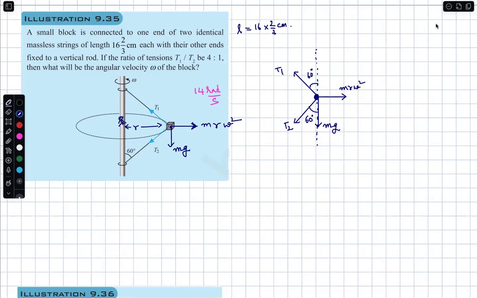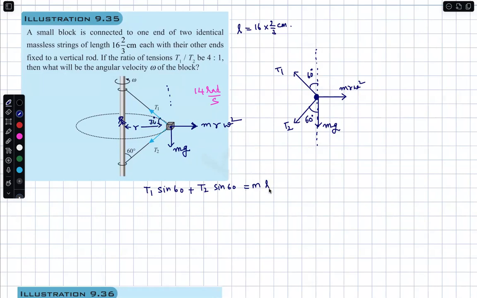Next stage, obviously, what you will do is T1 sine 60 plus T2 sine 60 is equal to m r omega square. What is R, by the way? If this is 60, this is 30.